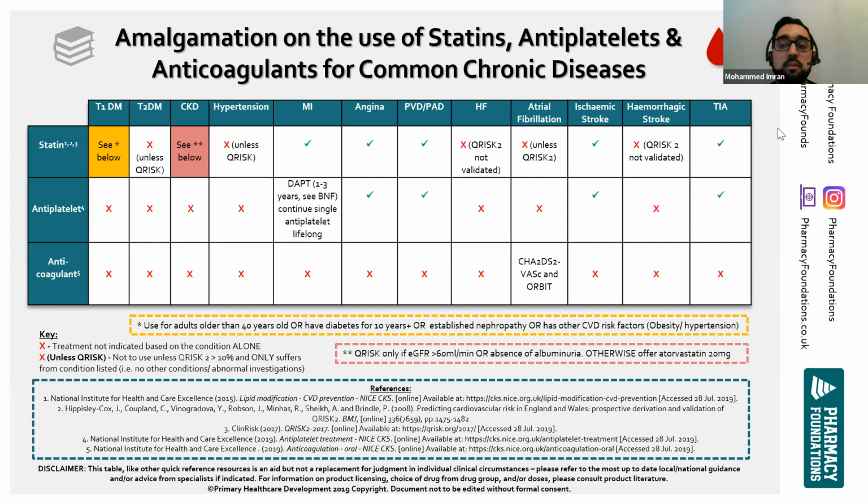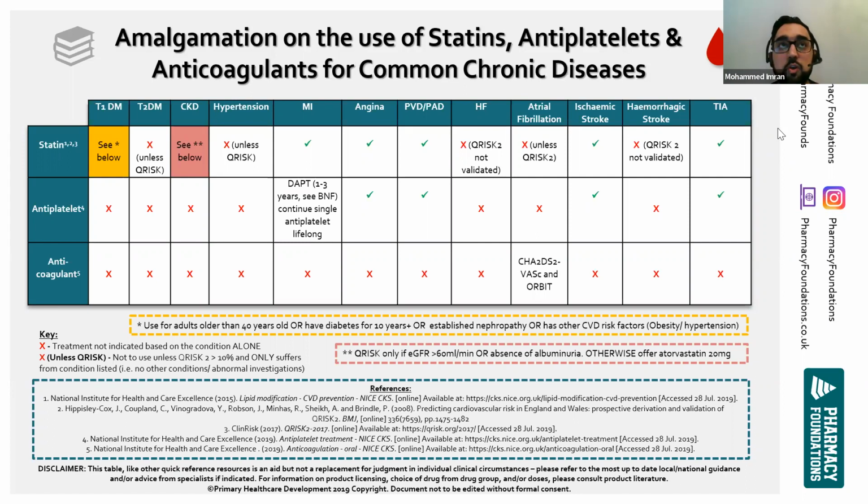Reason being is Q-risk is just your cardiovascular risk over the next 10 years or so. Now, if somebody's got greater than 10%, that's really straightforward, isn't it? Yep, greater than 10%, recommend the patient should start a statin. But for younger patients, we would also want to consider them starting a statin if the Q-risk was less than 10%, because the overall risk within their lifetime is going to be greater than whatever the Q-risk is saying.